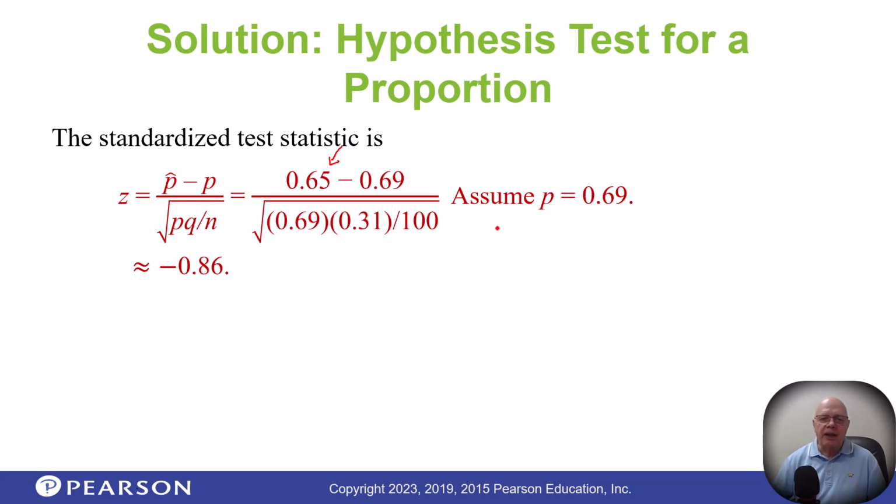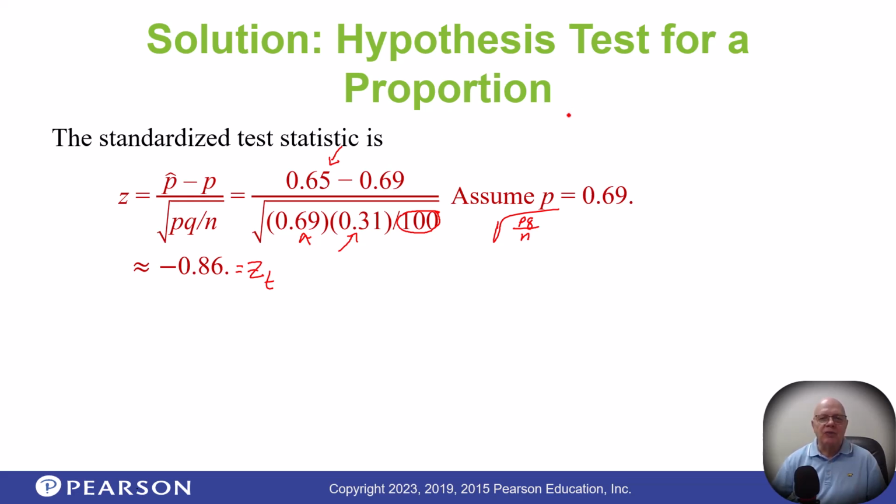In the denominator, remember the denominator is the square root of PQ over N. There's a P value, there's a Q value, and there's our sample size. Let the calculator do the rest. And our Z value, our test statistic, is negative 0.86.